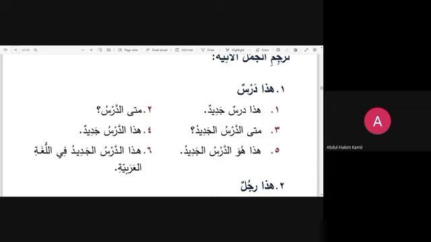Hada is definite. How do we know that it's definite? Because I'm pointing, it means this. This is right there in front of you. You call these ism ishara. These are the nouns of pointing at a person or object. This, male or female, hada or hadihi. Dhalika wa tilka, that, male or female.